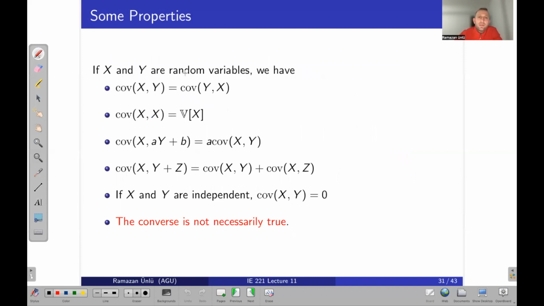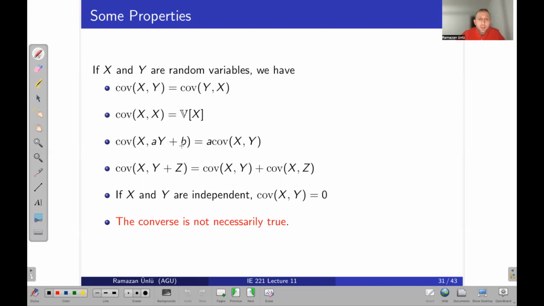If x and y are random variables, we have the covariance of x and y, which is equal to the covariance of y and x. And the covariance of x and x, so the covariance of a random variable with itself, is equal to the variance of x. Another one is the covariance of x with some linear combination of some other random variable, which is equal to a times the covariance of x and y.